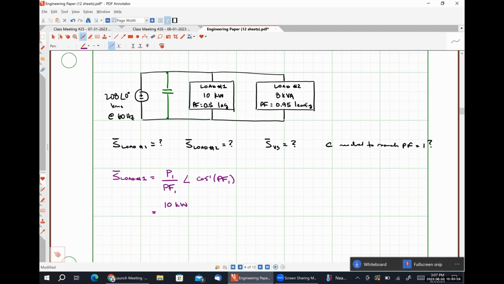So 10 kilowatts divided by 0.8 with an angle of the inverse cosine of 0.8 gives me 12.5 angle 36.870 degrees kVA.